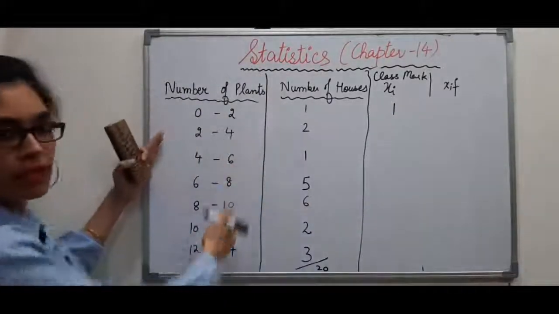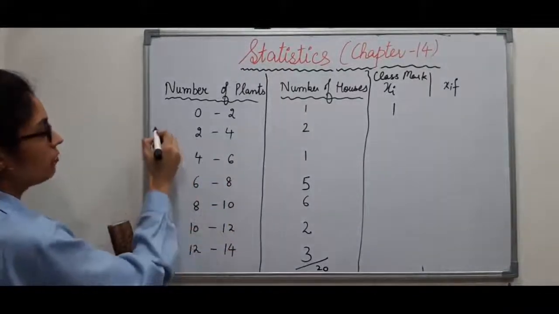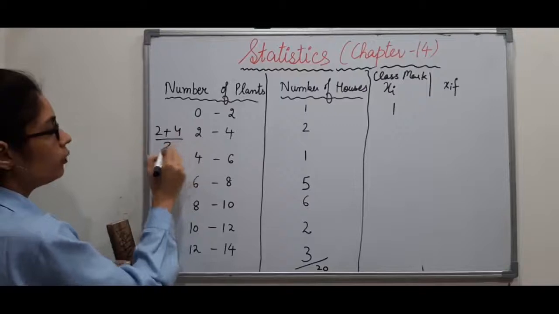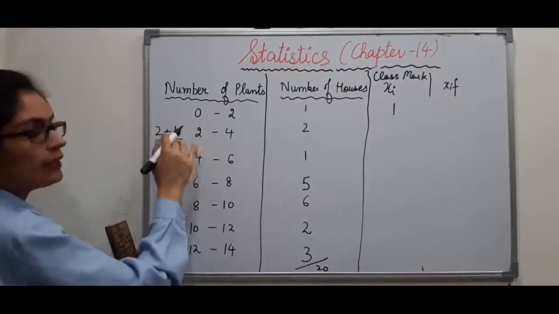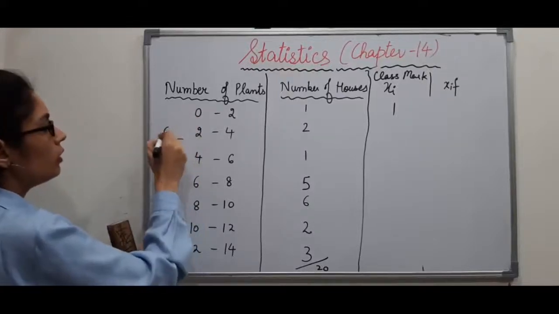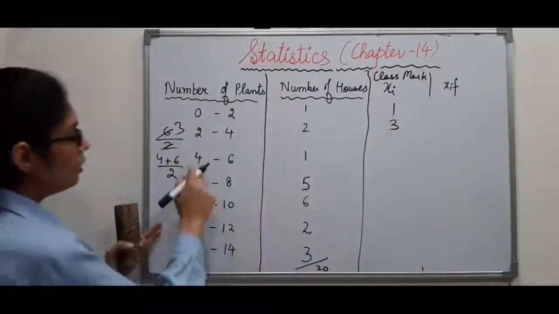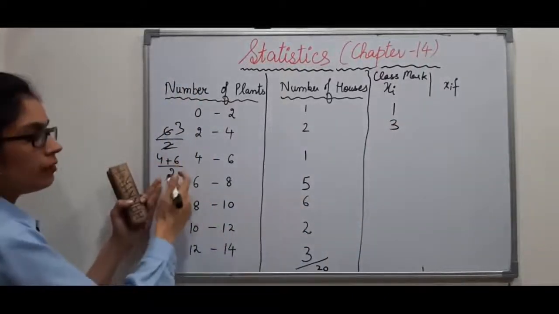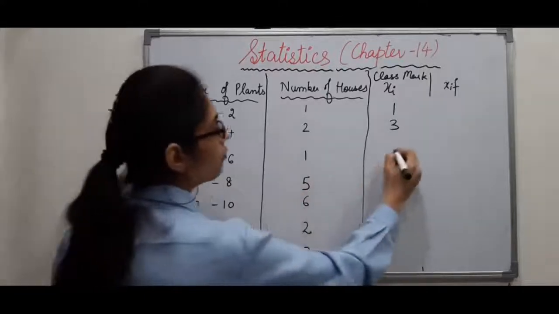In the same way we have to find the class mark for all the class intervals. We find 2 plus 4 by 2, 4 plus 6 by 2. So 2 plus 4 is 6, 6 divided by 2 is 3, so we write 3 in front of this. 4 plus 6 is 10, 10 divided by 2 is 5.